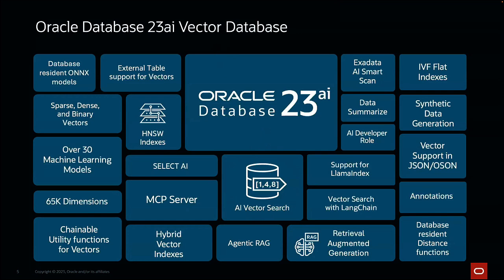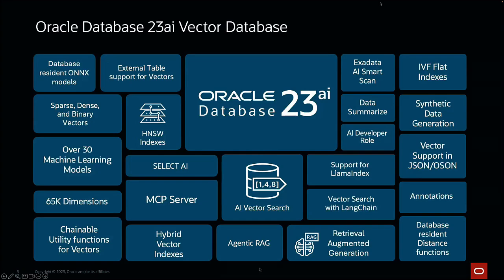Andy can attest that there's a ton of other AI capabilities we've been extending the standard database to support and to enhance your AI journey, features such as annotations, extending our developer role to now have an AI developer role, and extending external tables to support vectors. Keep in mind that what we'll be talking about today is focused on pure AI vector search, but there's a ton of new functionality, some of which we'll be looking at as we go through this session.